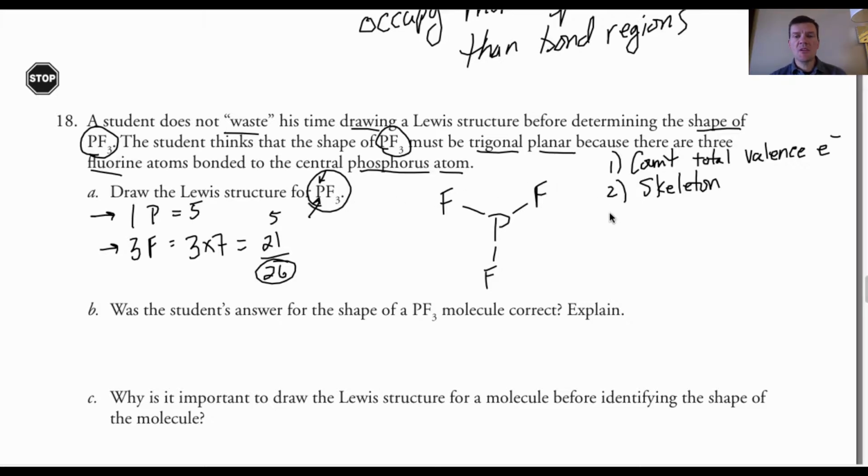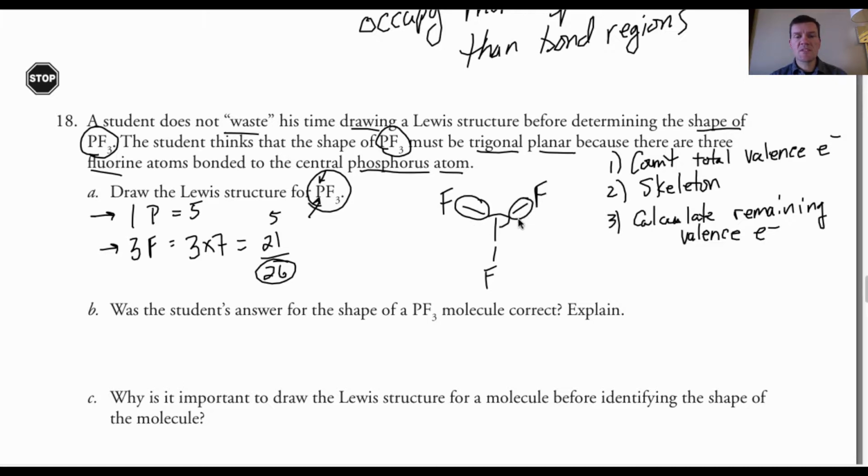Then we are going to calculate the remaining valence electrons that we have to represent. What I mean by that is this bond right there represents 2 electrons.